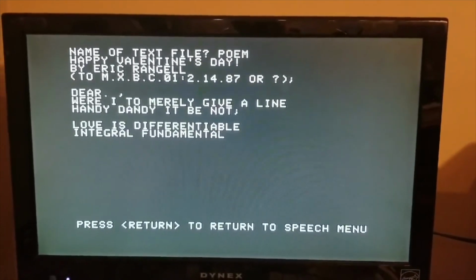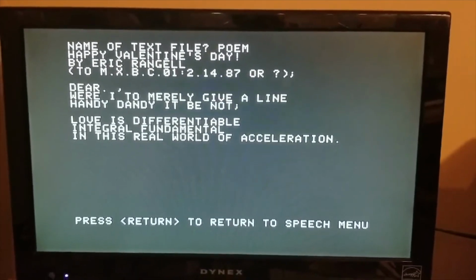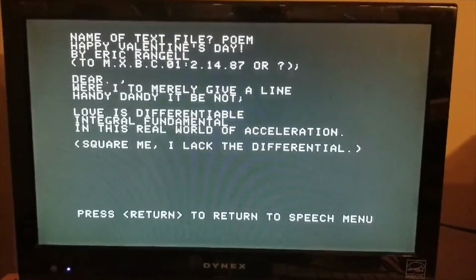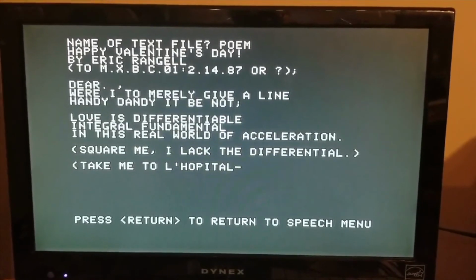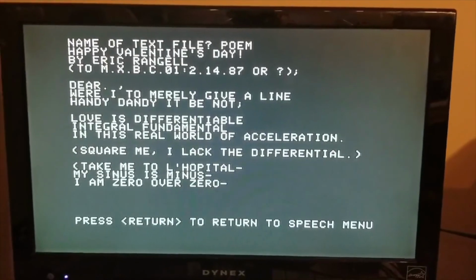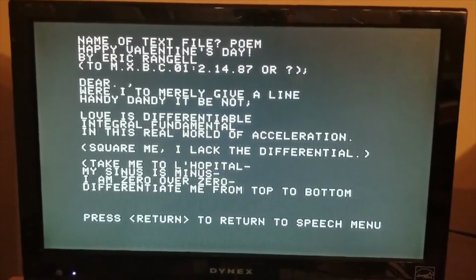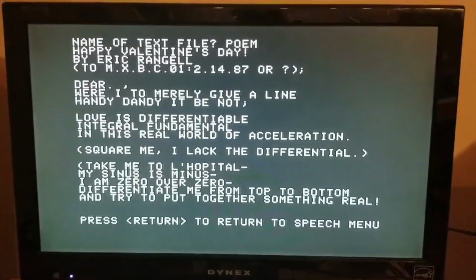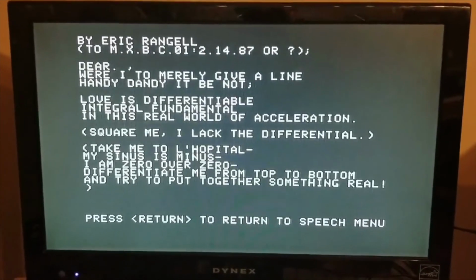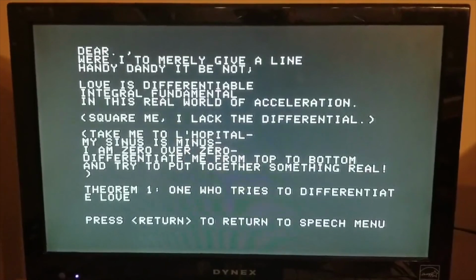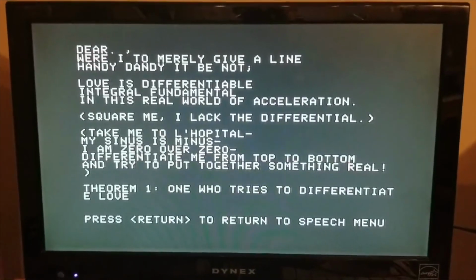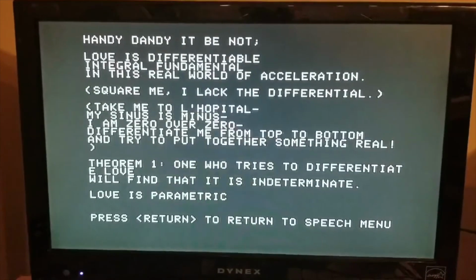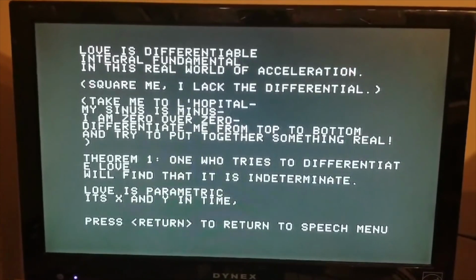Integral, fundamental, in this real world of acceleration. Explore me, I like the differential. Take me to El Capital. My sinus is minus. I am 0 over 0. Differentiate me from top to bottom, and try to put together something real. Theorem 1. One who tries to differentiate love will find that it is indeterminate. Love is parametric. It's x and y in time.